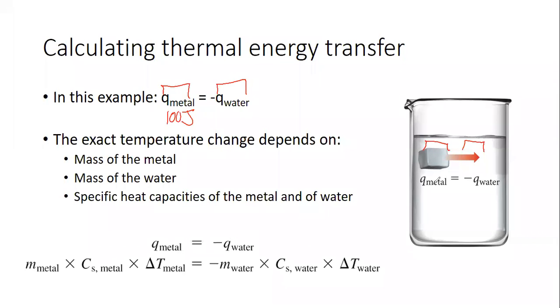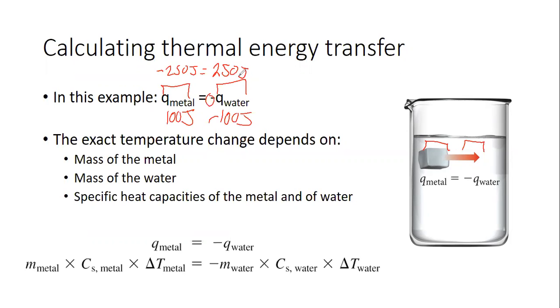So if my metal gained energy, the water must have lost that same amount. That's why we have a negative sign here. The thermal energy gained by my metal is equal to the thermal energy lost by the water. And it's the same idea here. If my metal lost 250 joules of thermal energy, then my water must have gained that.